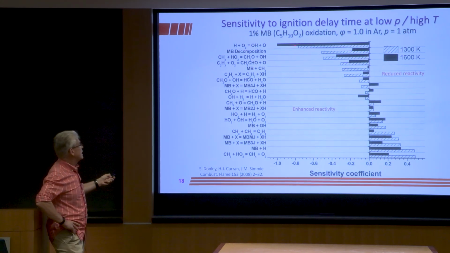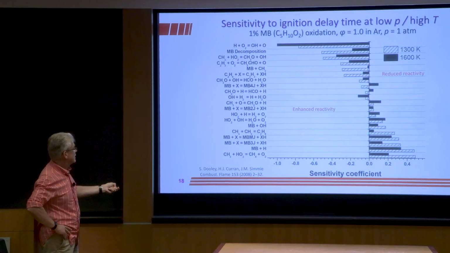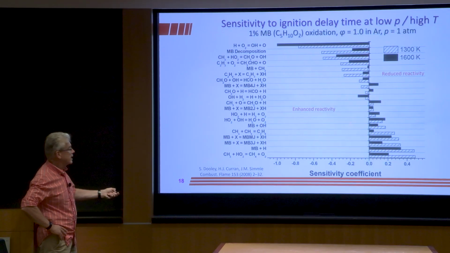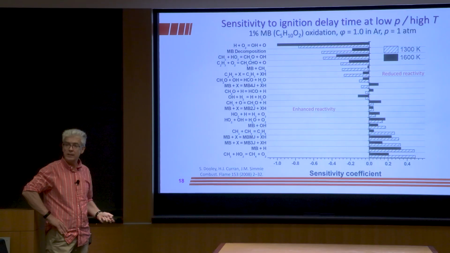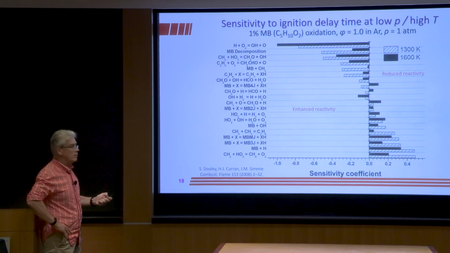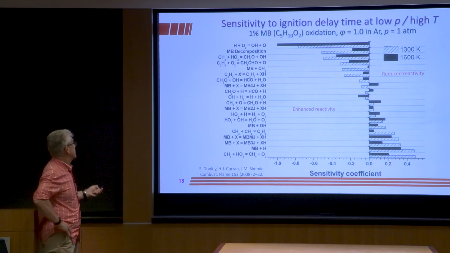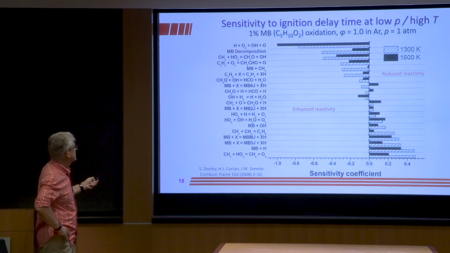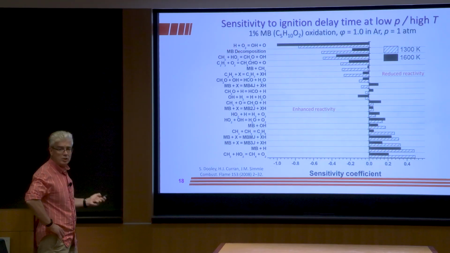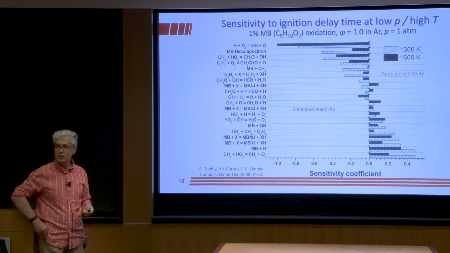If the bar is to the left of the center line, we're enhancing reactivity. If it's to the right, it's inhibiting reactivity. The next most important reaction enhancing reactivity is methyl butanoate decomposition, the unimolecular decomposition of the fuel.